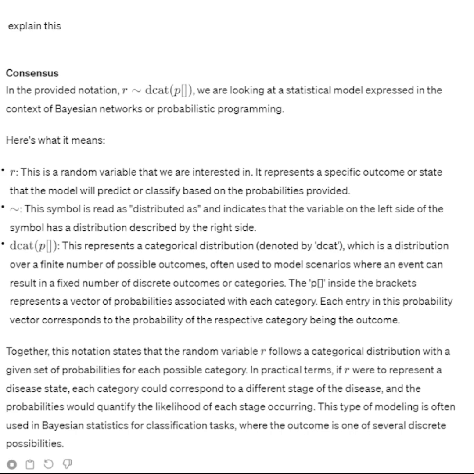Together, this notation states that the random variable R follows a categorical distribution with a given set of probabilities for each possible category. In practical terms, if R represents a disease state, each category could correspond to a different stage of the disease, and the probabilities would quantify the likelihood of each stage occurring. This type of modeling is often used in Bayesian statistics for classification tasks, where the outcome is one of several discrete possibilities.